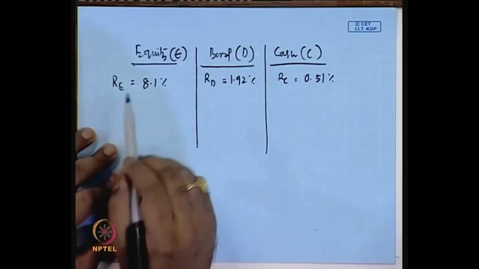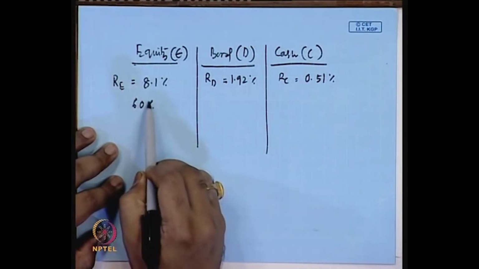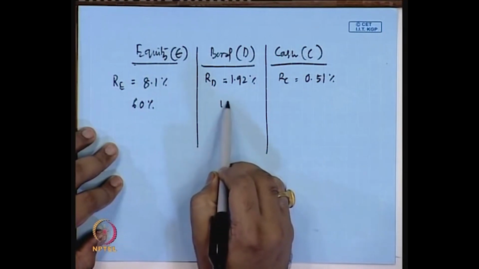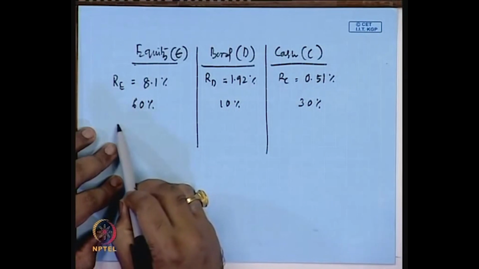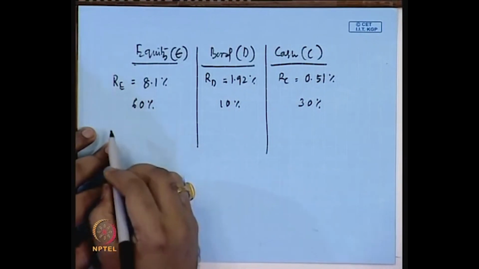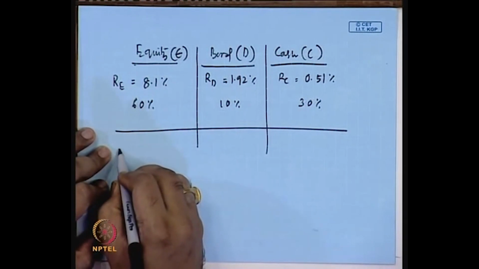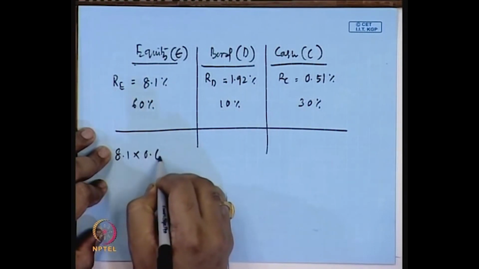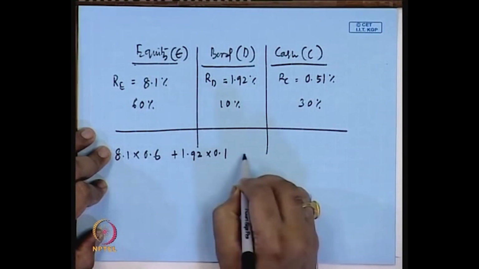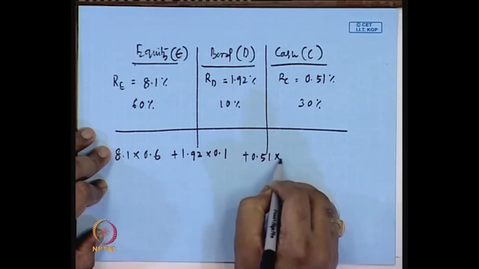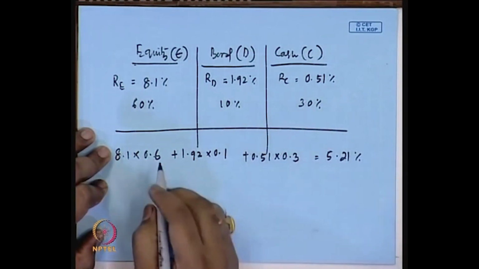But in our case, this fund manager has invested 60% here, 10% here and 30% here. If you observe, the return will be 8.1 into 0.6 plus 1.92 into 0.1 plus 0.51 into 0.3, which gives you 5.21%.